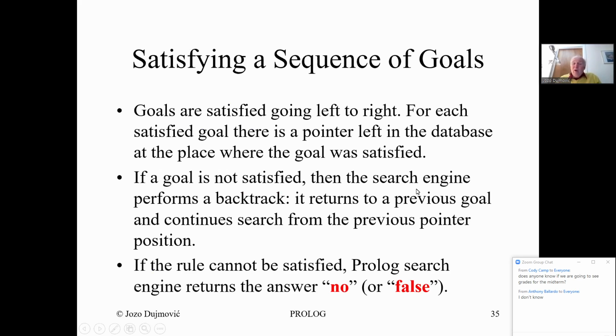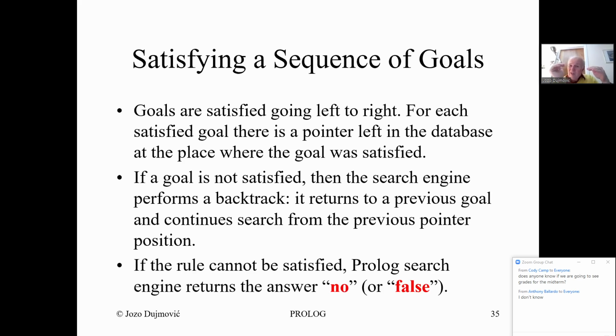Now, if we have to satisfy a sequence of goals, goals are satisfied left to right, first, second, third, etc. For each satisfied goal, there will be a pointer in the database that will tell you exactly where you satisfied that goal. The pointer will be, of course, not visible to the programmer, but the search engine will put a pointer there. For what reason? To be able to continue the search from that position that was already reached in the previous search. So if you can satisfy the goal, you put a pointer there and continue left, right, and top down.